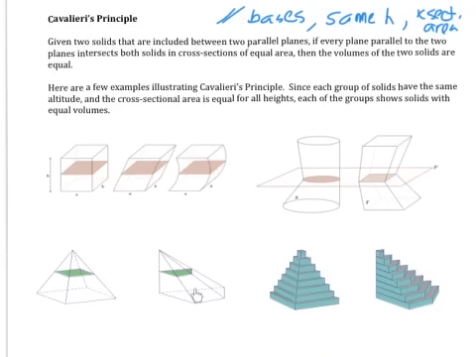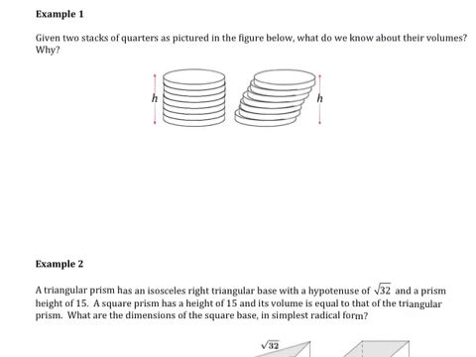So if these two have the same bases and the same height, and at every level the cross-sectional areas are the same, they're going to have the same volume. Same with this guy. Even though the steps look different, if at every level the area is the same, they're going to have the same volume. So the best way to demonstrate Cavalieri's principle is thinking of a stack of quarters.